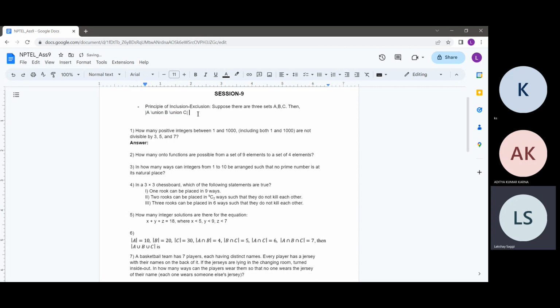Some people prefer to write it as n of A union B union C, which means the number of elements in A union B union C. But I generally denote it with a modulus.